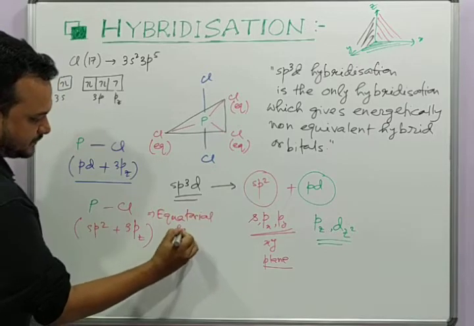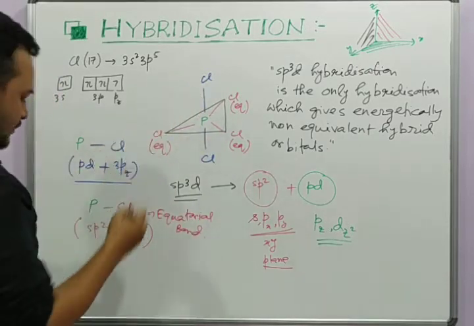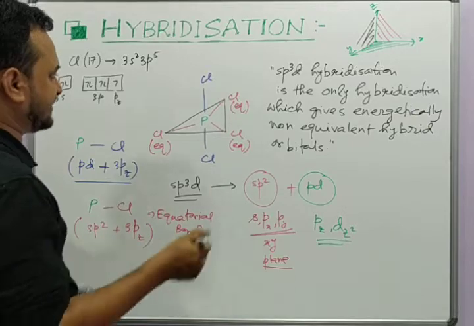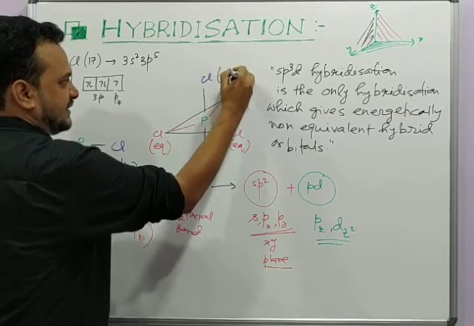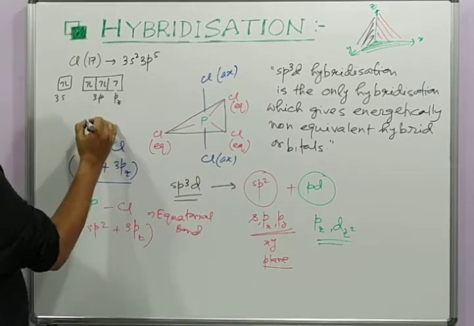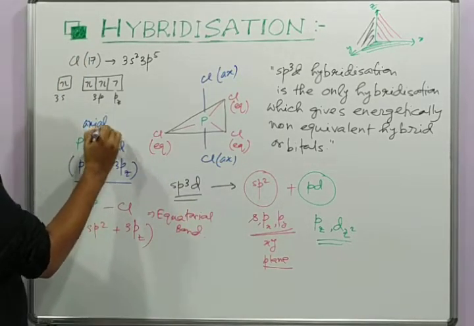equatorial bonds. And these two PCl bonds, the blue PCl bonds which are directed along the z axis, are known as axial chlorine, and these two PCl bonds are known as axial bonds.